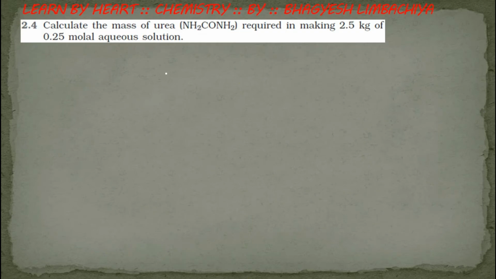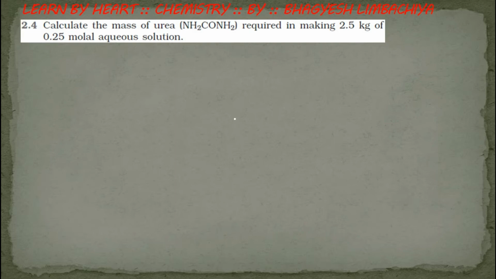Mass of urea required in making 2.5 kg of 0.25 molal aqueous solution. So here molality is 0.25, the molecular mass of urea is 60, and the mass of solvent is given to you, 2500.